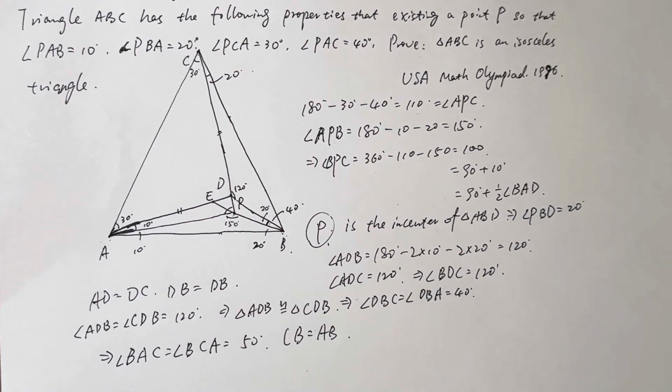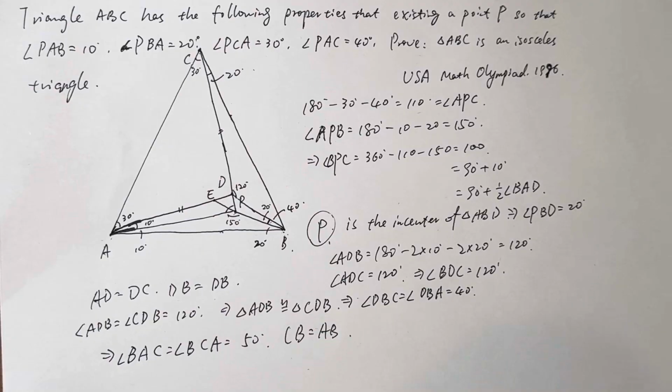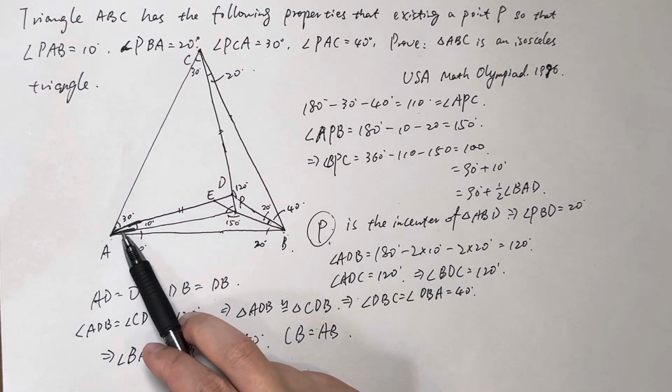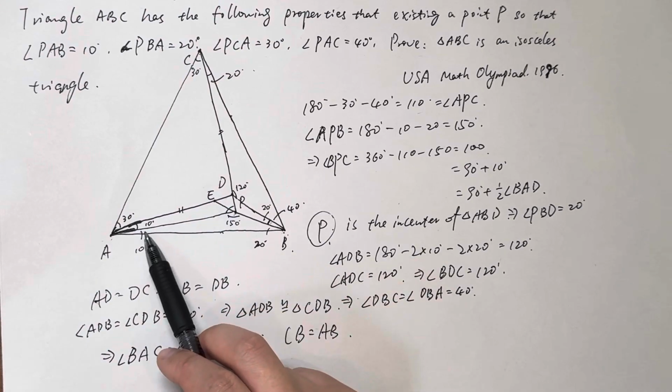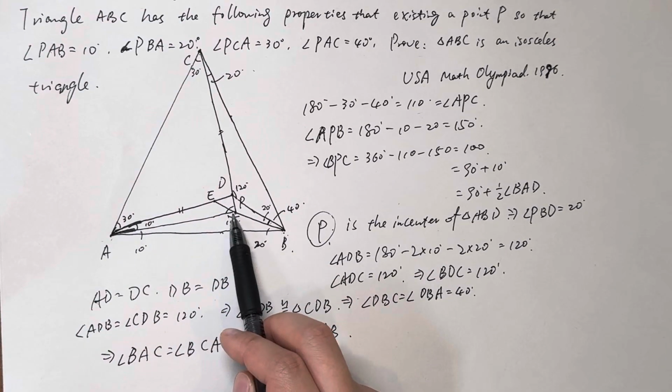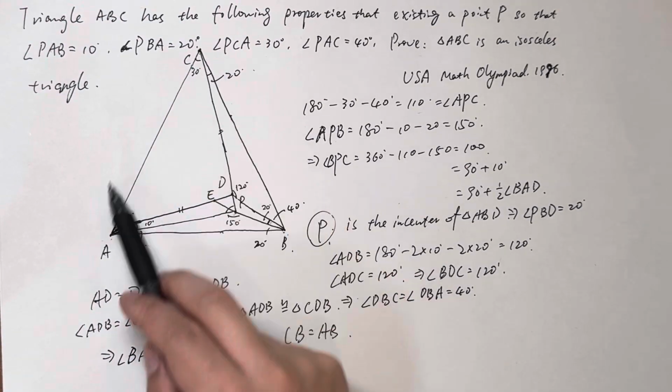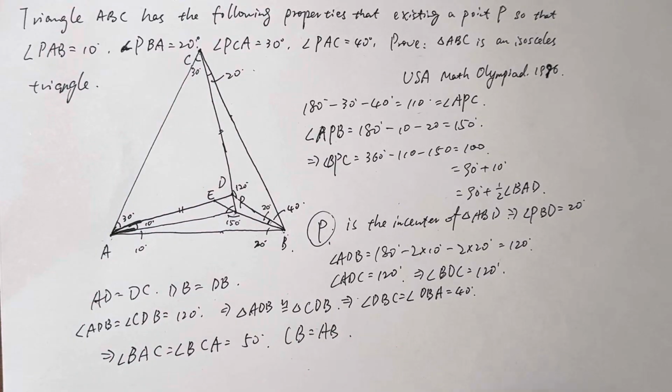Okay, so this problem, I would say this is a difficult problem for the people who don't know about the incenter property, right? But if you know the incenter property, and you figure out that this might be the auxiliary line because it can provide us an angle bisector, also can provide us an isosceles triangle. So this problem would be kind of straightforward then.